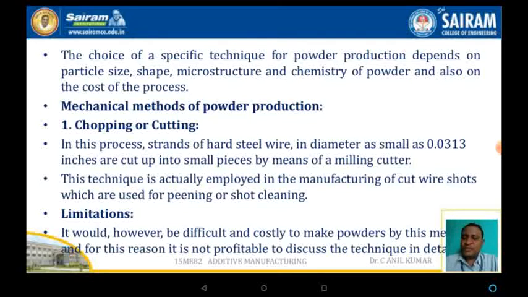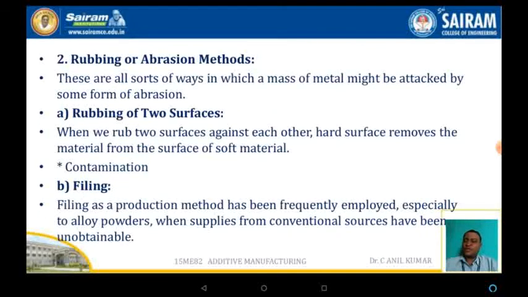The powders obtained in this process will not have a definite size or shape. The major limitation is that it is very difficult and costly to make powder by this method. For this reason, it is not profitable.